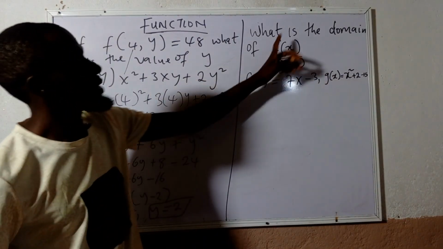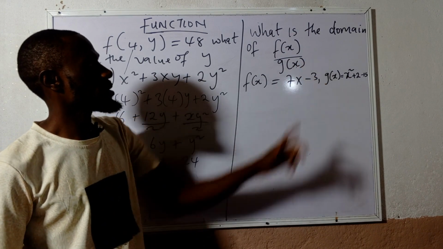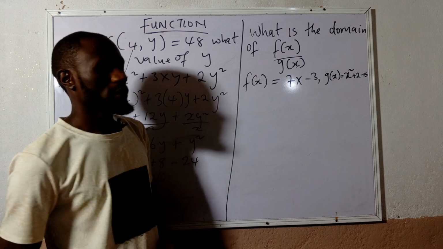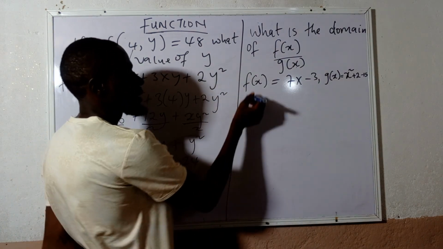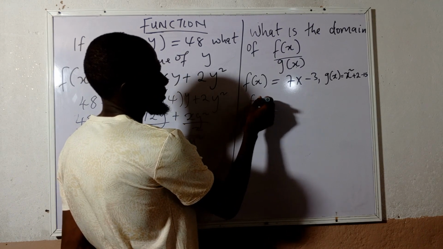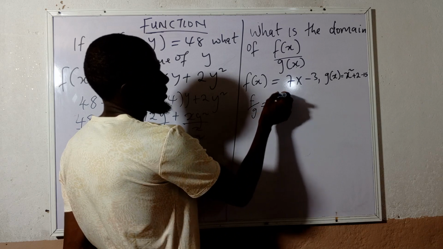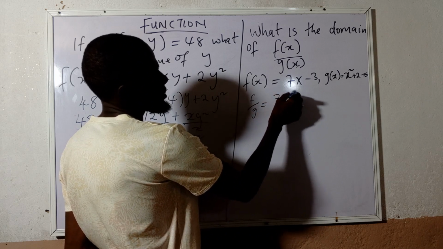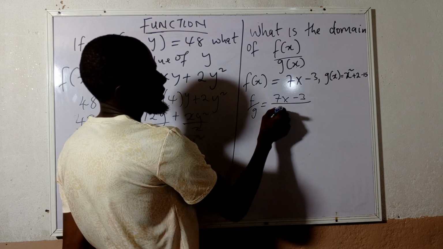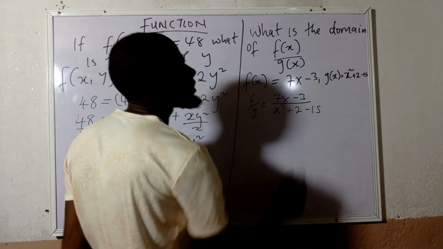It says, what is the domain of the function f of x all over g of x? Let's find the domain of this function by saying f over g is equal to 7x minus 3 all over x squared plus 2x minus 15.